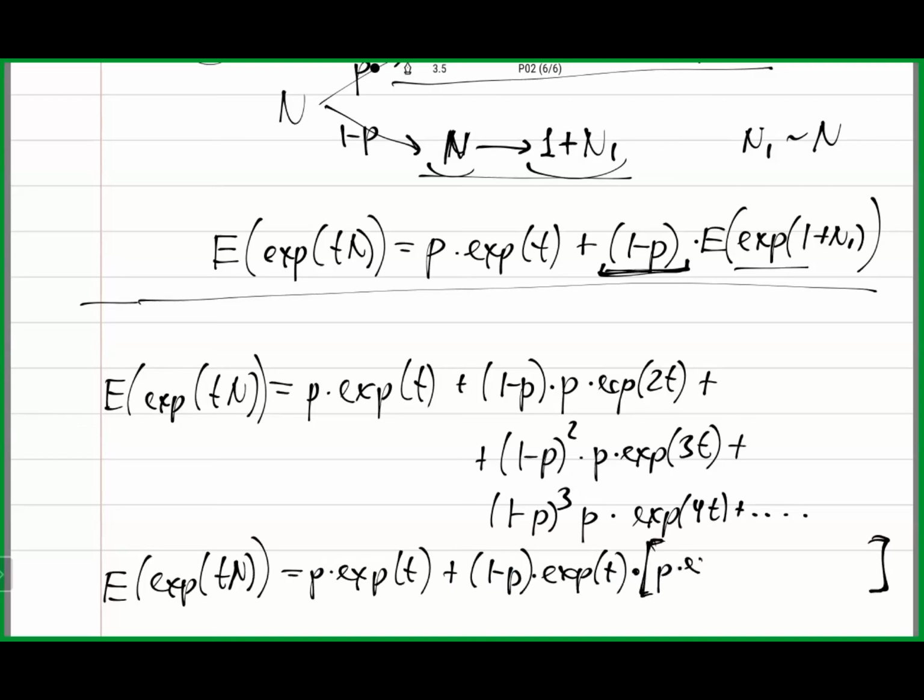Times P times exponent of T plus 1 minus P times exponent of 2T plus 1 minus P squared times P times exponent of 3T, and so on. Do you agree with me? Yes.